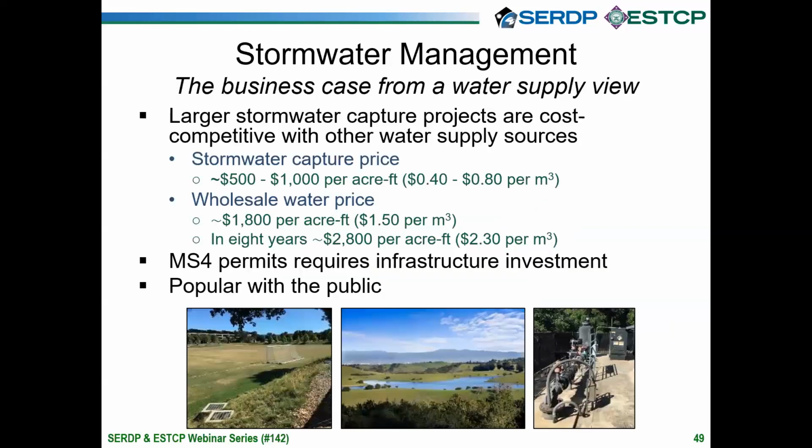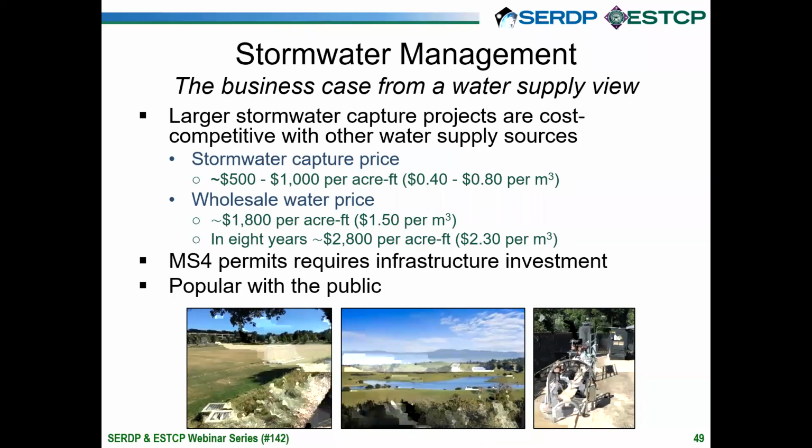Here, the business case for stormwater management with the view towards contributing to water supply is very cost effective. Larger stormwater control projects might cost on the order of $500 per acre foot of water captured. An acre foot is about a third of a million gallons.